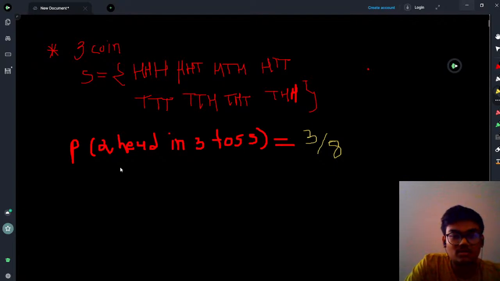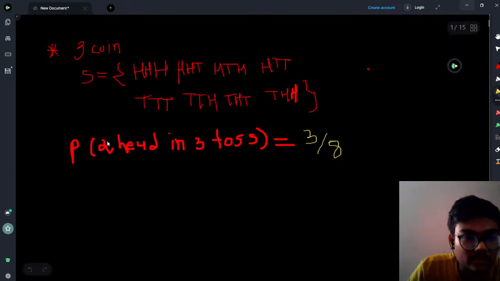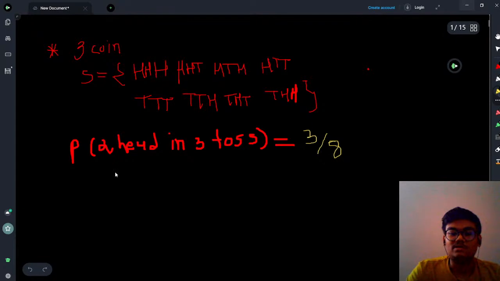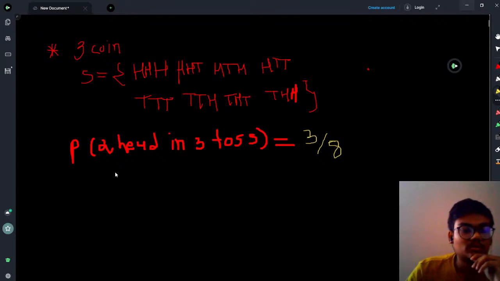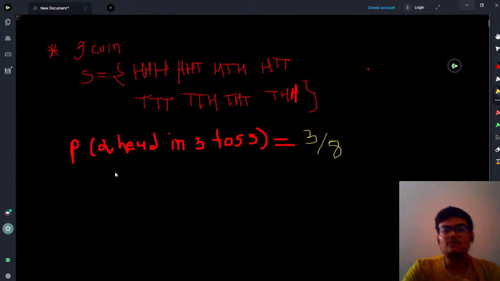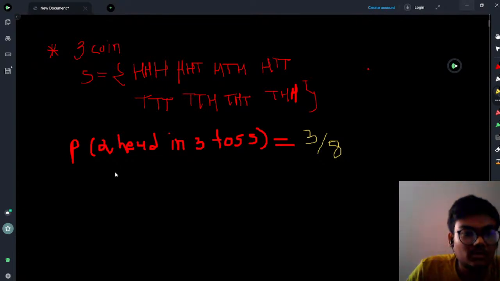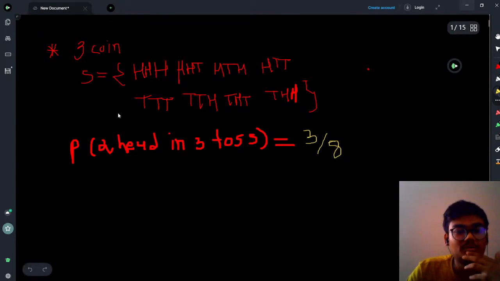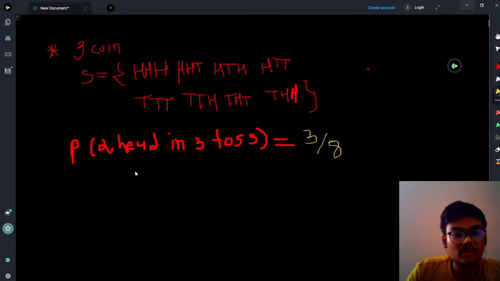For all that we have to deal with a large number of data sets, and we can't go manually. We have to use something so that our process will be very simple. So for that we use the binomial theorem. Now what's the binomial theorem?